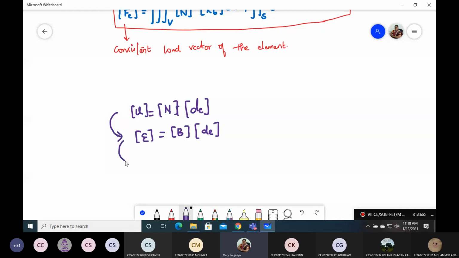And then finally stresses from sigma is equal to D into epsilon.